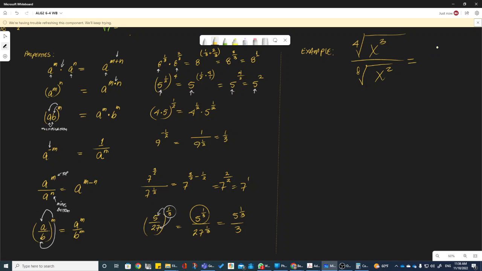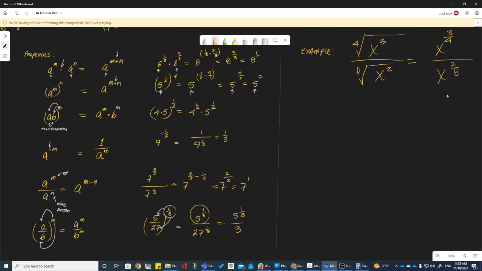All right, so this is equals to x, and then you're gonna put a fraction in here, so you're gonna put 4 over 3. Okay, in this case you put x 2 over 8.